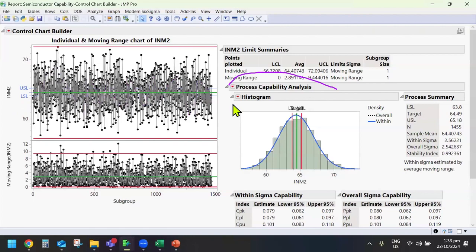And from the capability analysis histogram summary table, I can also see the summary chart. The range is really, really big according to my upper and lower spec requirement. This is the graph point of view. By looking at the data itself, the target is 64.49. My sample mean is 64.40. Quite well on target, slightly to the left side.